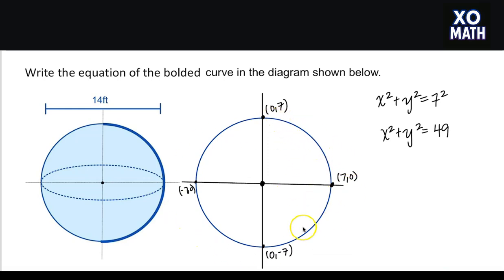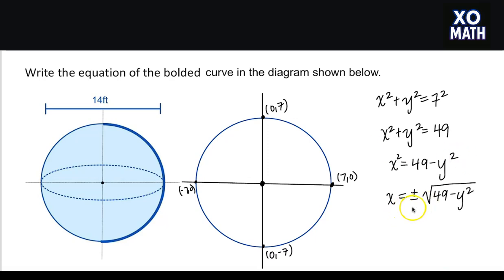Well, I just want the right side of the circle, so I want to solve for x. When I solve for x, I get x squared is equal to 49 minus y squared, and then x equals plus or minus the square root of 49 minus y squared.